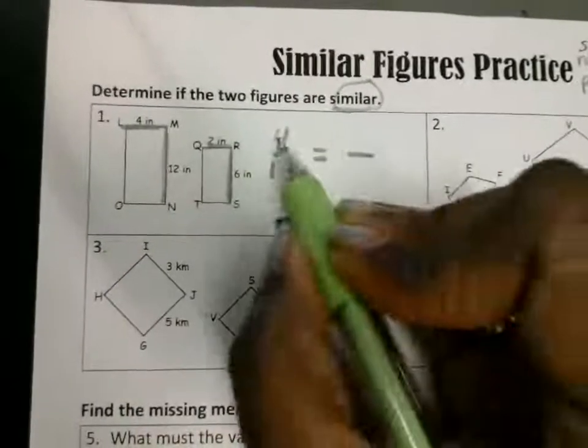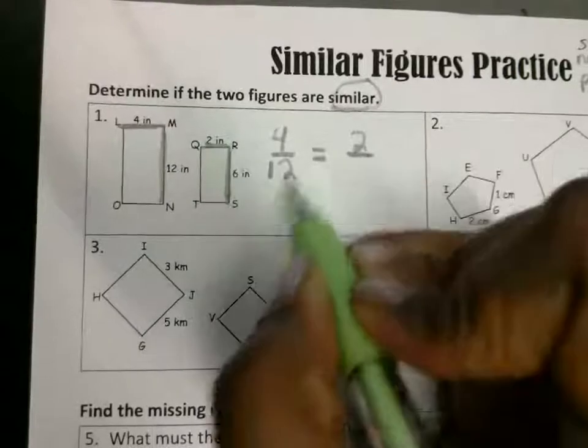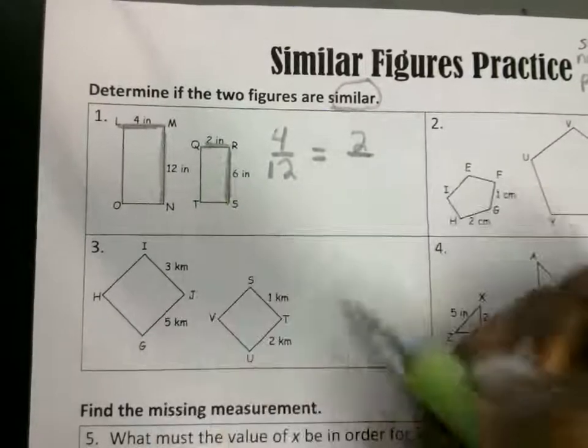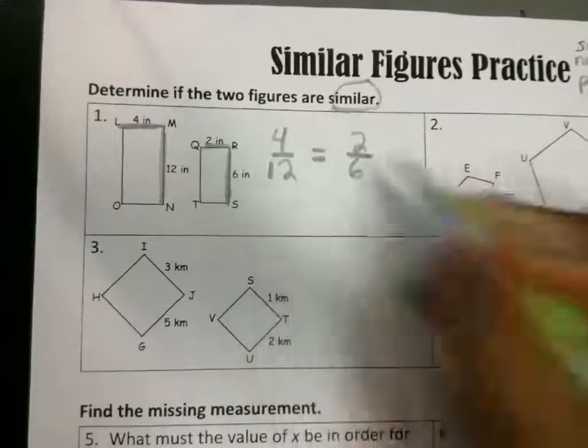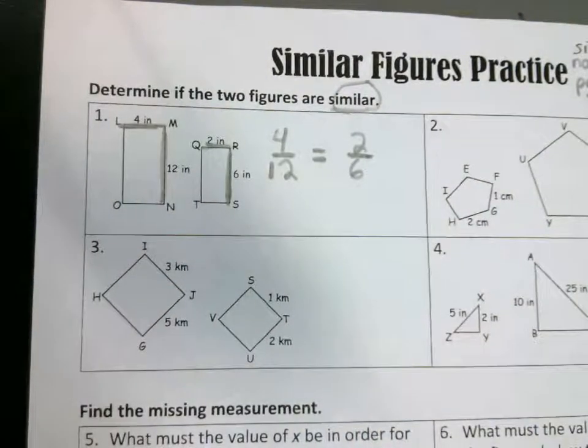Our top side here is 2 for the second rectangle. The vertical side is 6. And that's how we set up the proportion. Remember, by definition, a proportion is where you have two ratios that are equal to each other. The ratio that we created is the top side measurement to the vertical measurement.